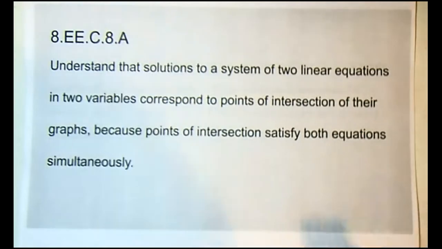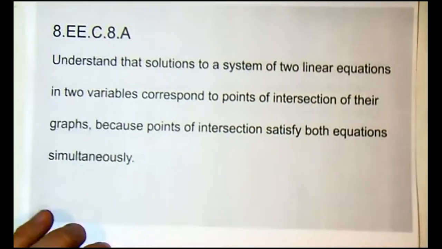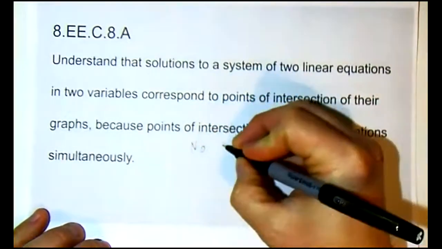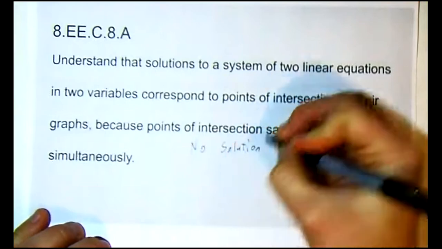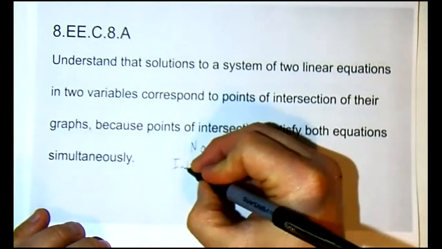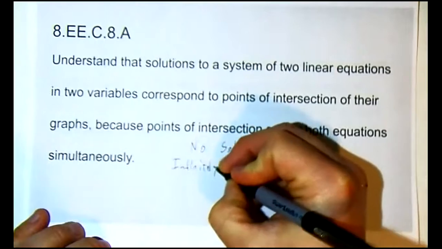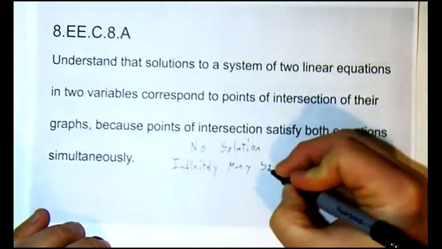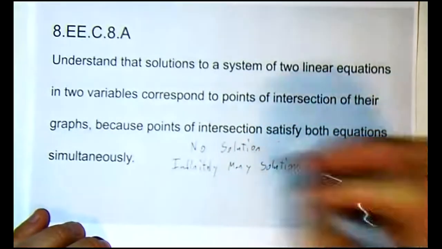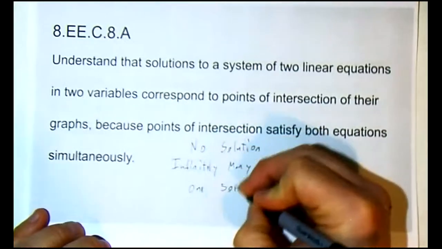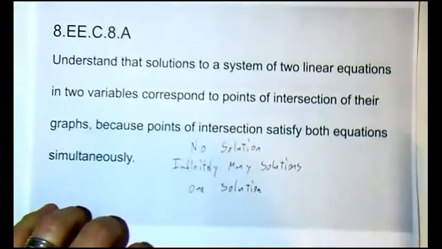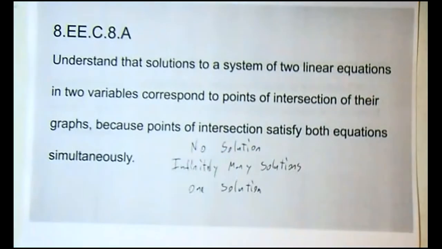All right, so just like in 8th grade when we're solving equations, there's going to be 3 different answers. There's going to be no solution, infinitely many solutions, and 1 solution.